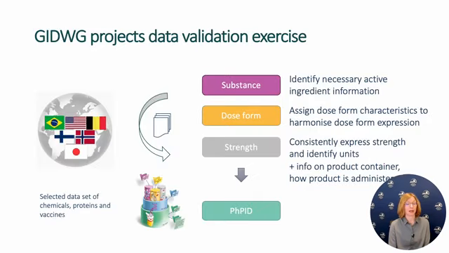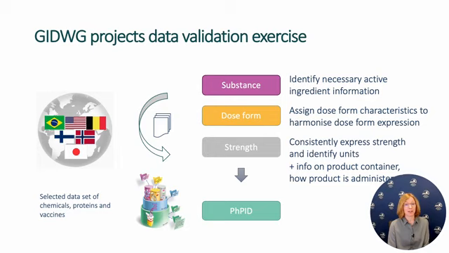As a part of the Global IDMP Working Group projects, we are developing the processes and the suggested business rules for global PhPID. GIDIWIG has been working with a number of datasets from different countries, including US, Brazil, Belgium, and Norway, where the GIDIWIG pharmacist expert team, consisting of pharmacists from FDA and UMC, are validating each product by reviewing the SMPC or labeling information to identify the substance, assign a global harmonized dose form expression, and consistently express strength and identify the correct unit.